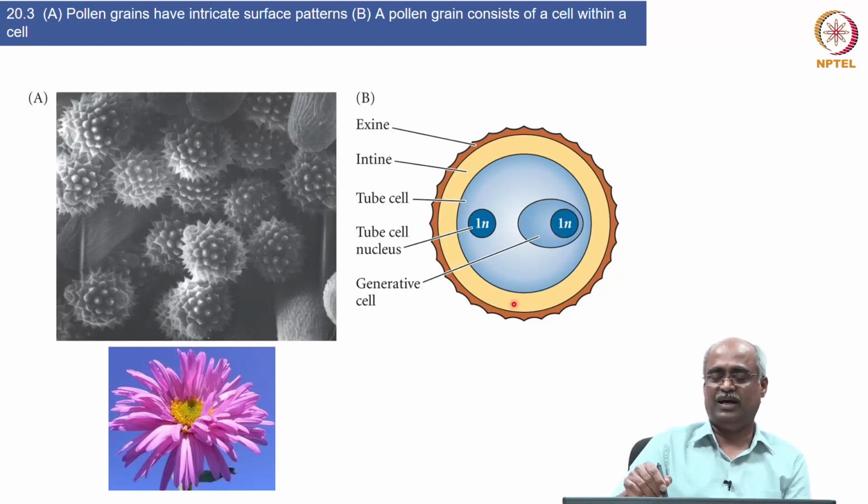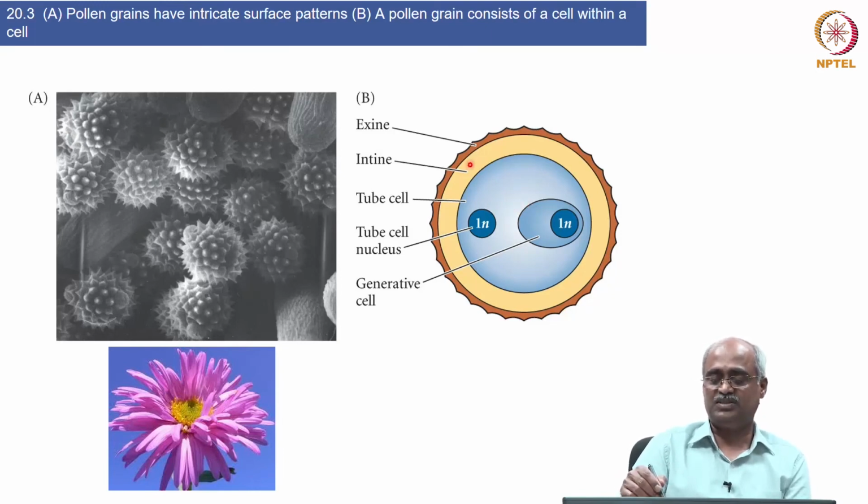And these are encapsulated in a structure called intine, and this intine is produced by this gametophyte stage. So this is a gametophyte, an individually existing male gametophyte. It is the haploid generation of that particular plant species.